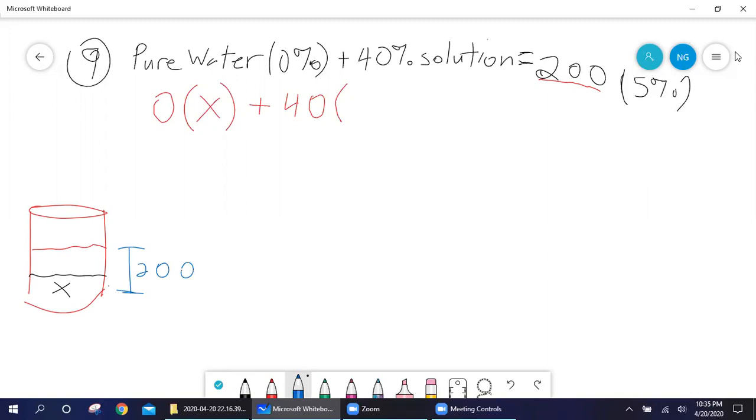That means that this 40% solution needs to be 200 minus X amount, so the 40% solution has 200 ounces minus however much pure water I put in there.